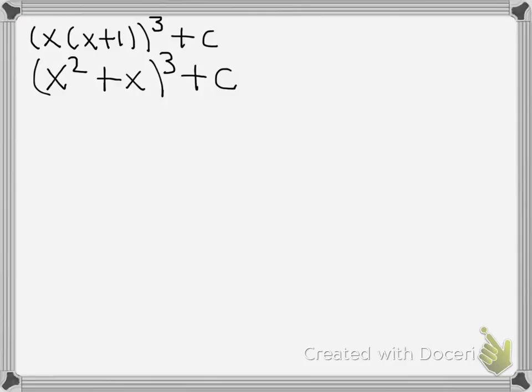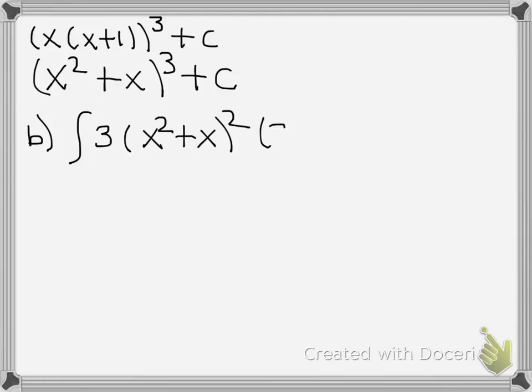Okay, here we go, part B. We're going to try it again. The problem was the integral of 3 times x squared plus x, squared, times 2x plus 1. All right, so we're going to do the title, U substitution.